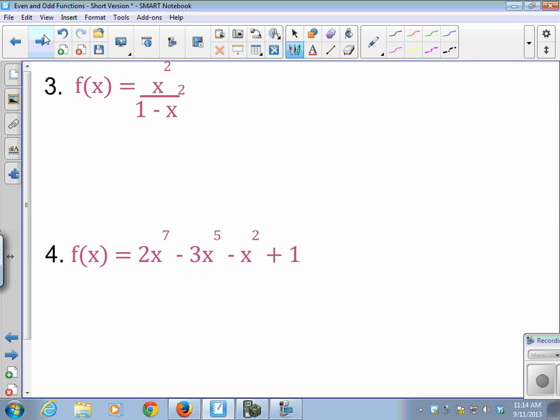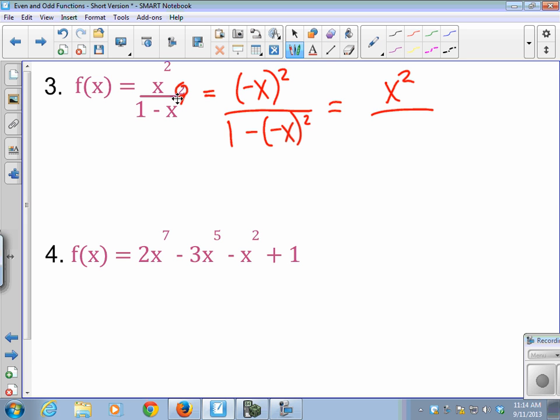Alright, number 3. My exponents are kind of high, but these are both exponents on the x there. So, number 3, I'm going to do the same thing. I'm going to plug in negative x, squared, in the top. And then in the bottom, I'm going to have 1 minus a negative x, and that's squared. That squared goes with that. So when I simplify this, a negative x squared is just going to be a positive x squared in the top.